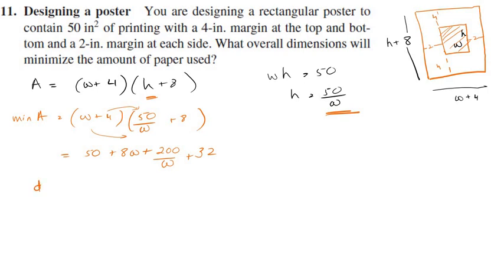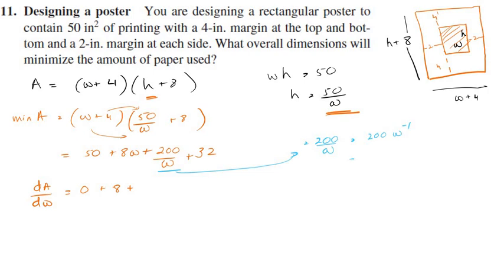So we do dA over dW, because we have only one variable. The constant goes to 0, so we have 0 plus 8 plus the derivative of 200 over W. This is 200 W to the minus 1.